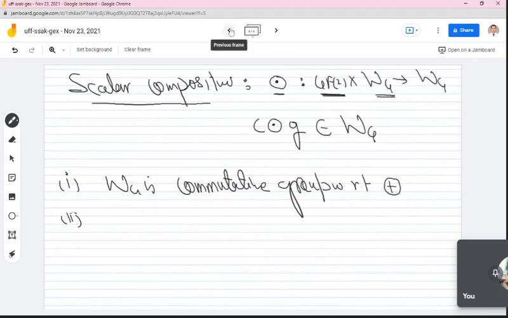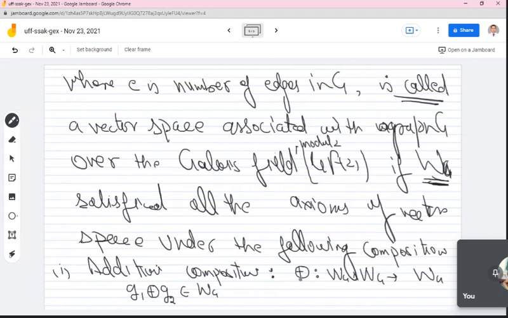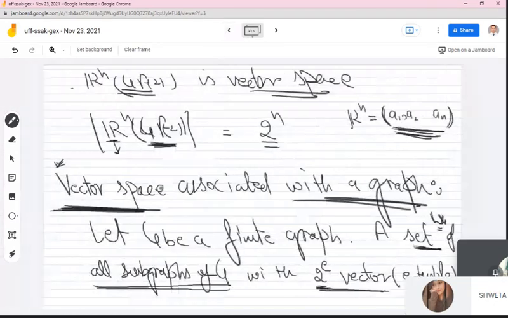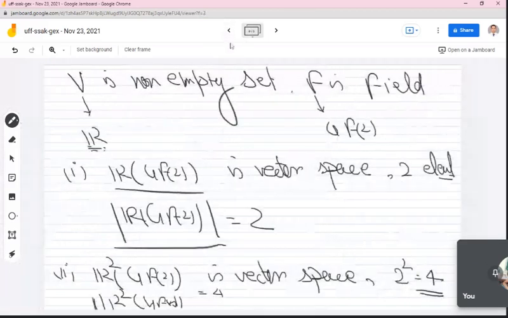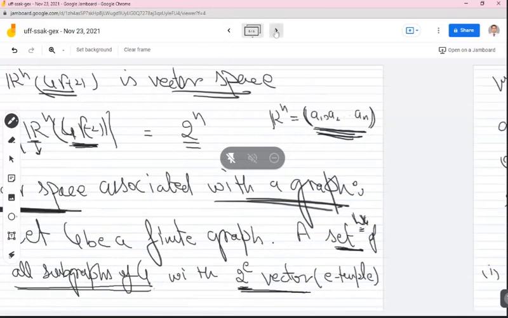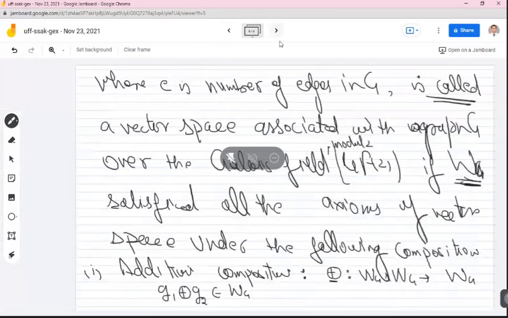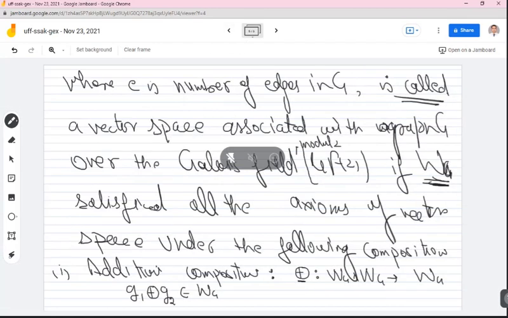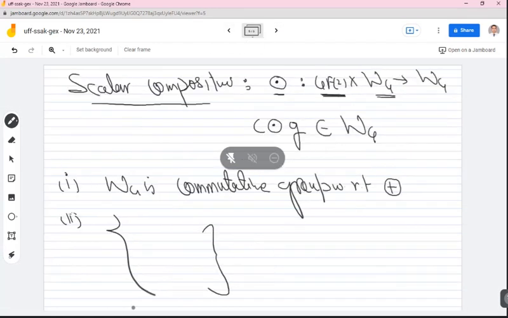And here this is the vector addition. So you can write all these properties according to the operations, in terms of this composition and this composition. Okay, it is your work. That will be the definition of a vector space associated to a graph G.